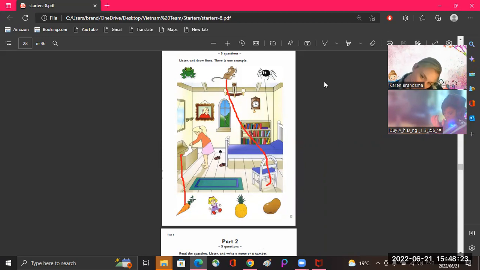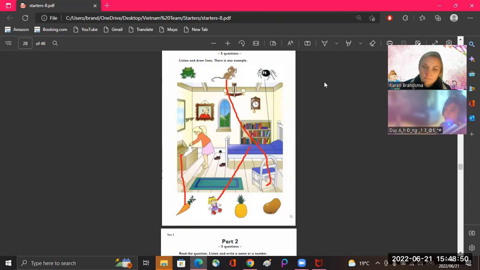3. I can see a doll. Where can I put it? Put the doll on the bed. On the bed? Yes, please. 4. Now find the frog. The frog. Okay. Put it between the 2 shoes.